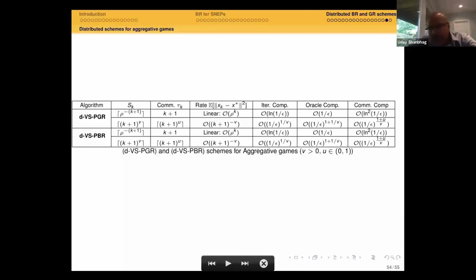If you use a single sample, you can actually get a lot of this to work. Now, I should say in the distributed regime, there are two or three reasons why increasing the sampling size helps. One is, of course, you can get a linear rate of convergence.